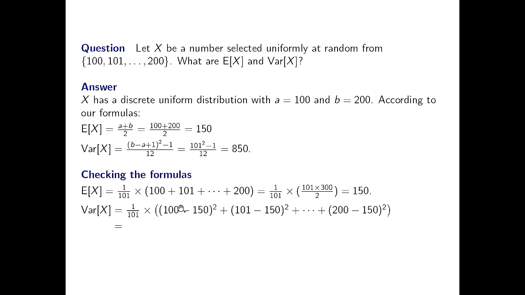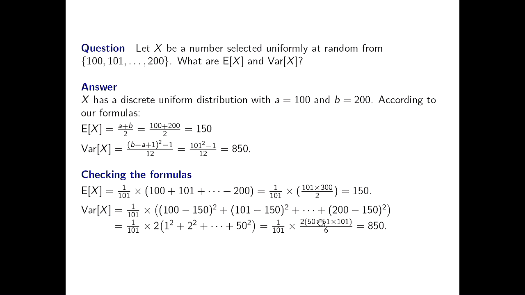Now, when you think about that, this is going to be negative 50, this is going to be positive 50, this is going to be negative 49, the term before this is going to be positive 49, and so this term here winds up being 2 times the sum of these squares.